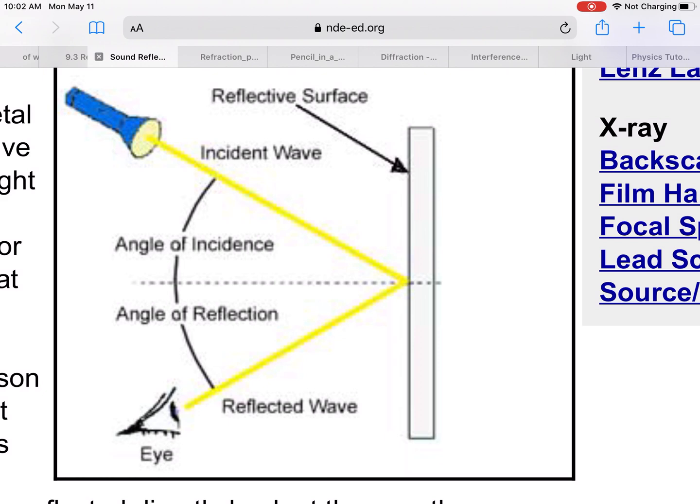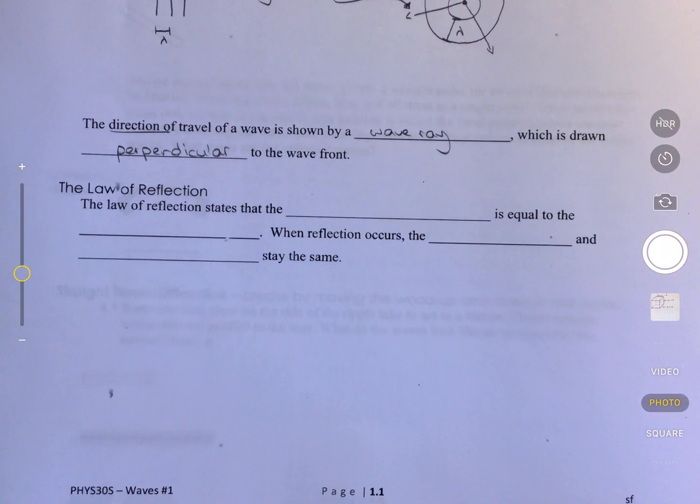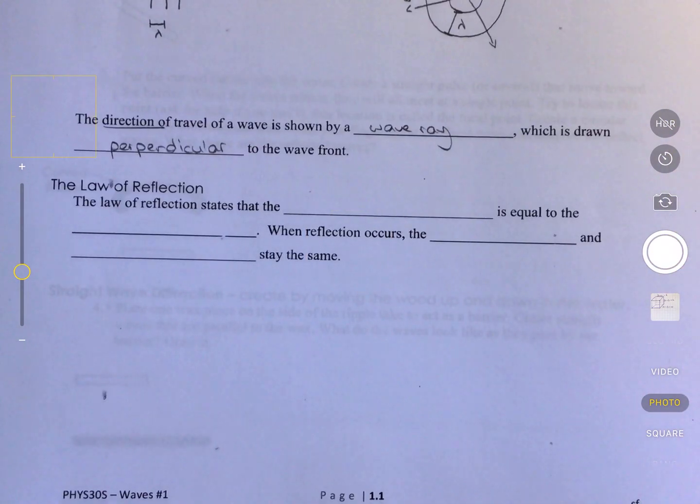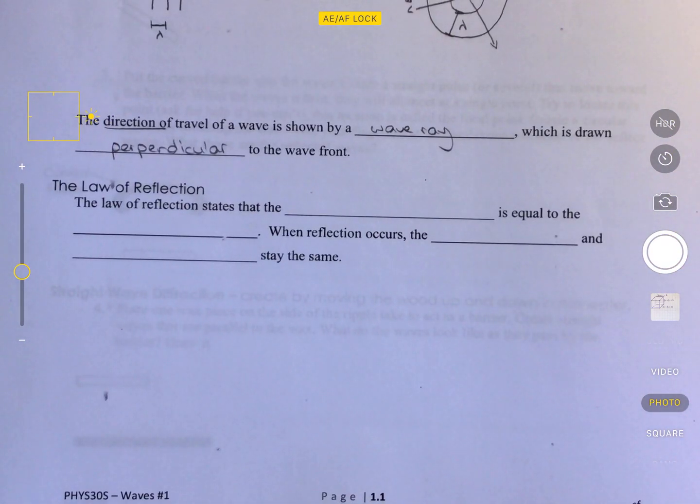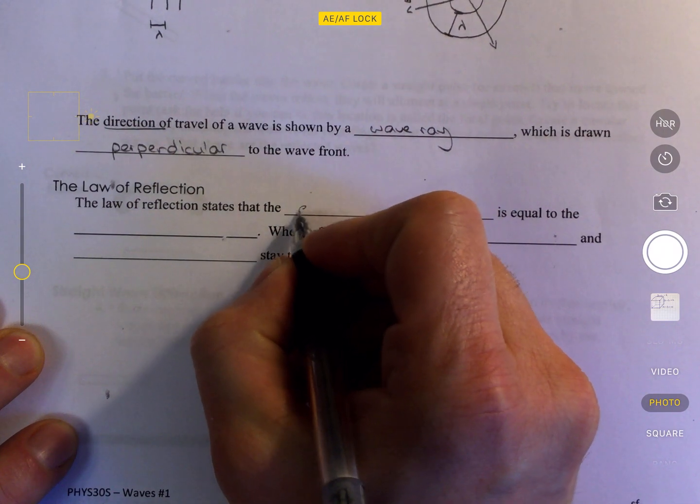Okay, so a couple of terms that we will get used to, and we want to draw this image, and we'll just include those terms in that image so we can learn these new terms. So as you saw in that image, the law of reflection says that the angle of incidence is the same as the angle of reflection.